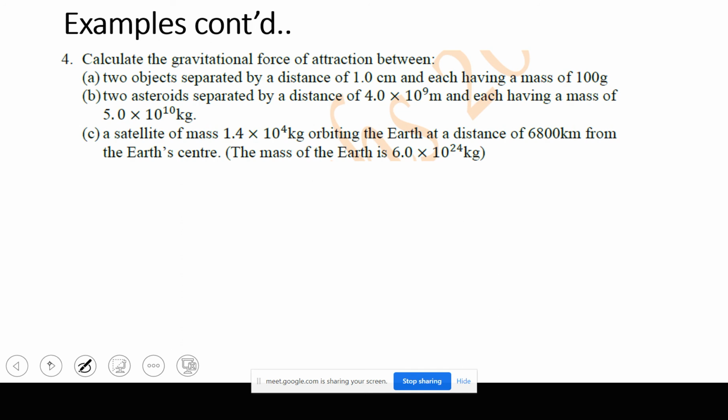For question A, it is 6.67 times 10 power negative 7. She's saying 6.67 times 10 power negative 7. I hope you changed the mass from grams to kilograms, and I hope you changed the distance from centimeters to meters.